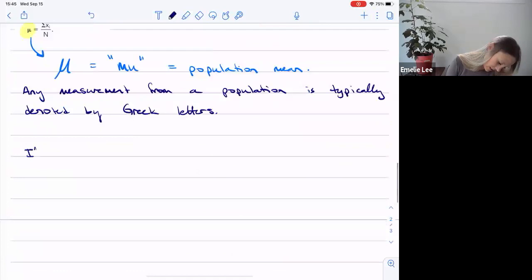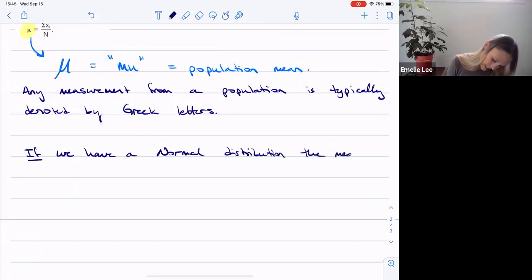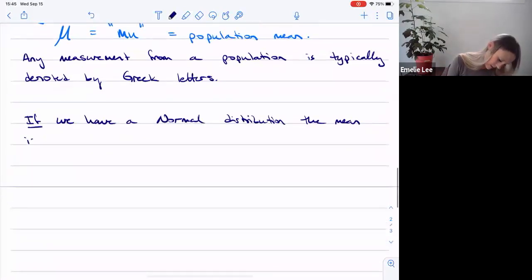So if we have a normal distribution, the mean is the best measure of center.